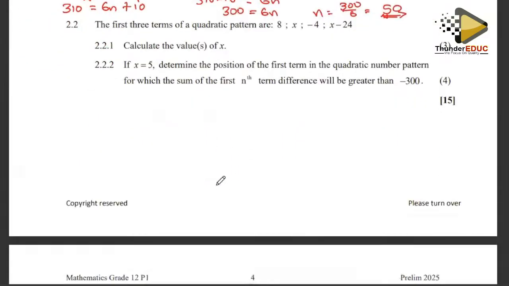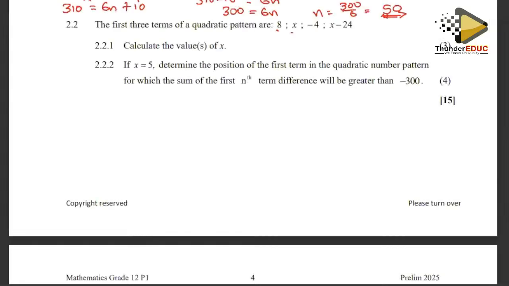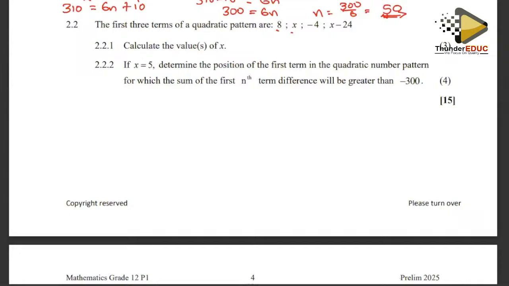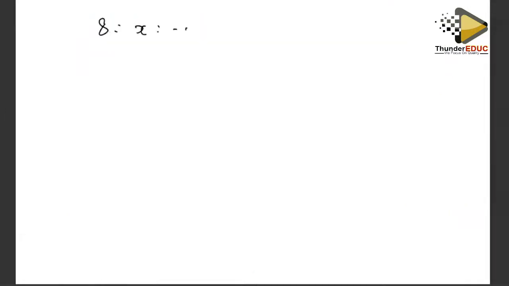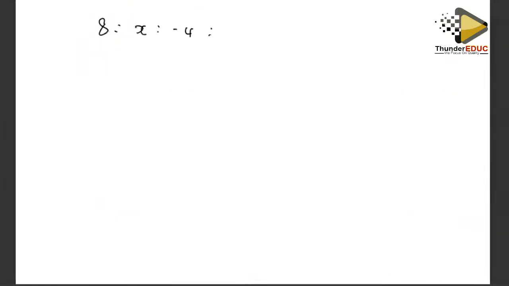All right, then 2.2. Interesting, we go deeper. The first 3 terms of a quadratic are 8, x, minus 4, x minus 24. This would call for a proper page. Okay, so we have 8, we have x, we have negative 4, and then we have x minus 24.